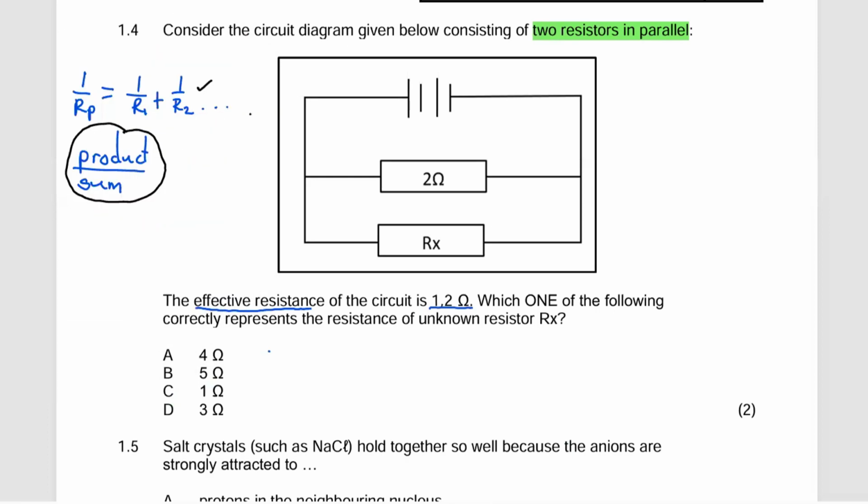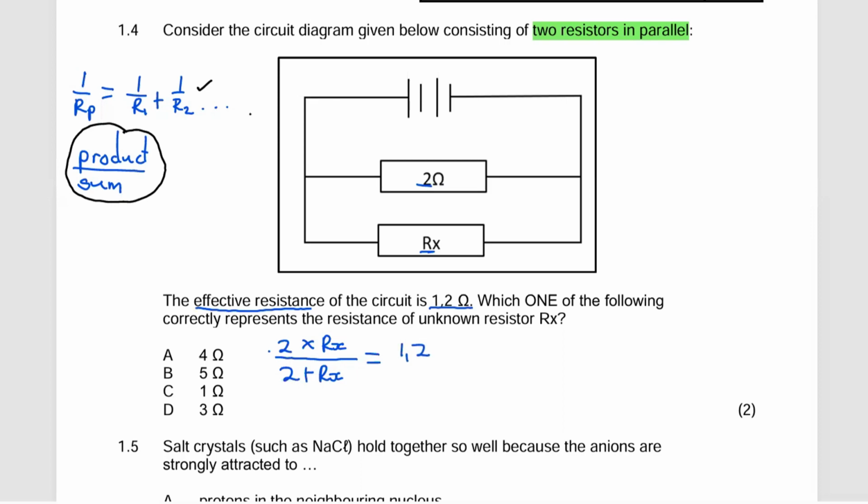Okay, so if we start with our product over sum, we're going to say the top resistor is 2 ohms, and then the other one at the bottom is Rx, and these are supposed to give us a total of 1,2 ohms. Therefore, I'm going to say 2 multiplied by Rx, which is the product at the top, all over the sum, which is 2 plus our Rx. And then we're given that this should be equivalent to 1,2, right?